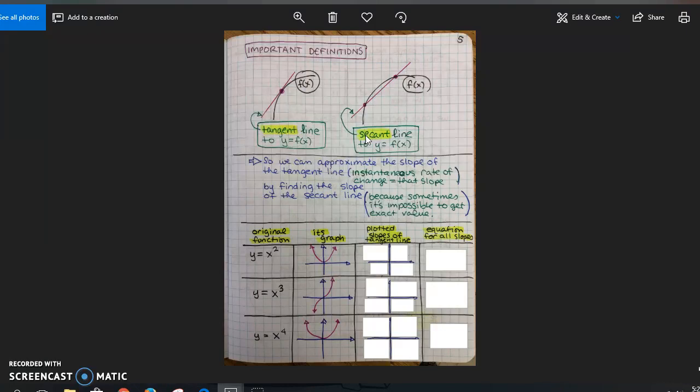But in our context, secant line means a line that touches my original function in 2 points, and a tangent is a touch in 1 point. Okay, so tangent line, secant line. And just to say it again, we can approximate the slope of the tangent line, which is what I really want, the instantaneous rate of change. We can approximate it by finding the slope of the secant line.